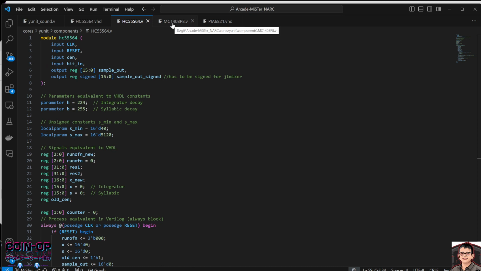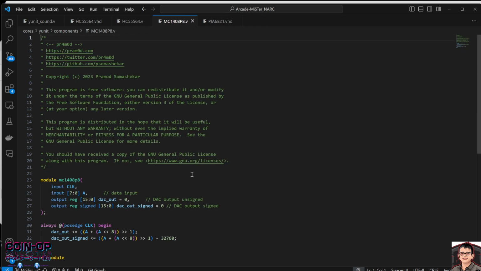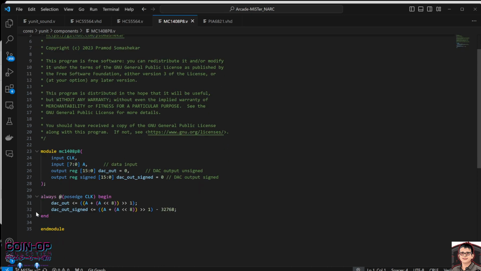Okay, now on the 1408P8, what I did here was this is it. This is the whole DAC, believe it or not. It's very easy to do. And again, what I do for this DAC is I look at the documentation. I also look at how the signals are implemented, and I come up with an equation.